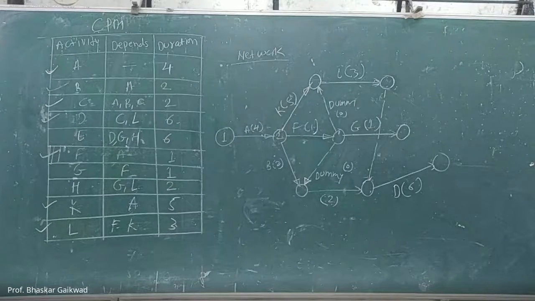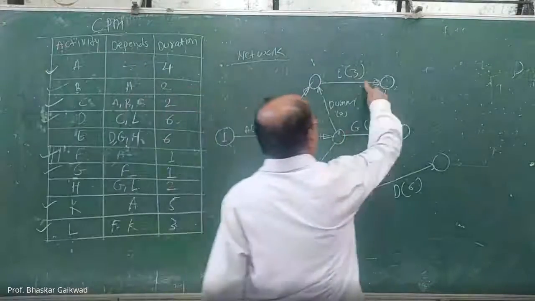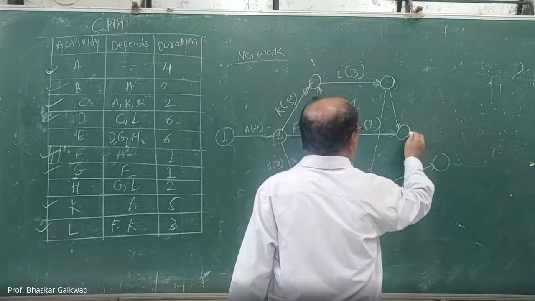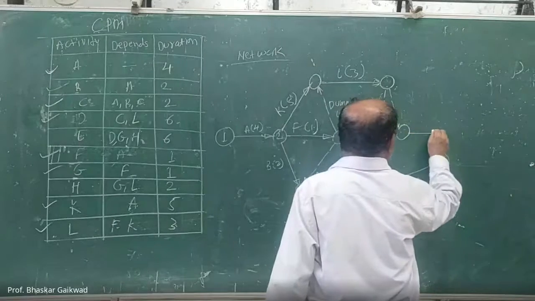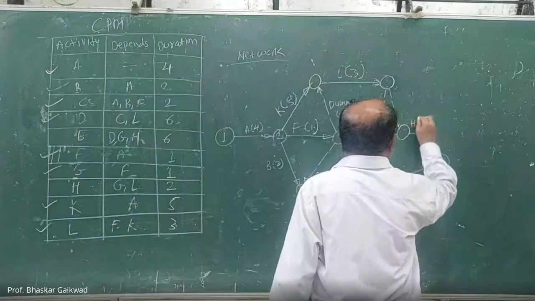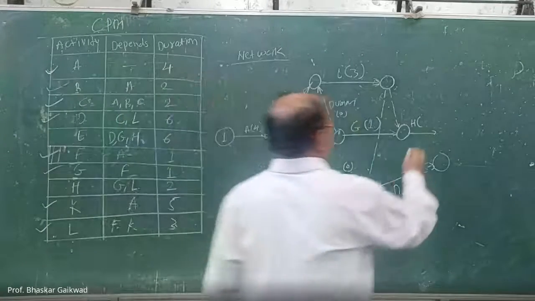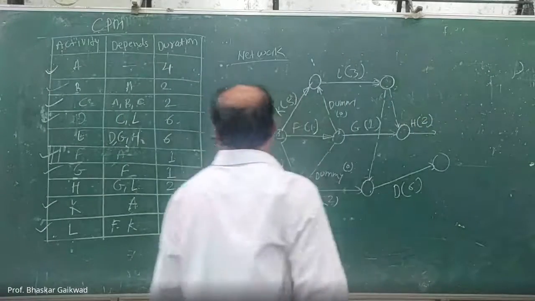The duration is 1. Then GF, this is over. H will start from G and L. Here is the G, here is the L, and H will start. Here is again a dummy activity, and here the H will be there. So here it is an H. H is 2. We can make it 2 here.